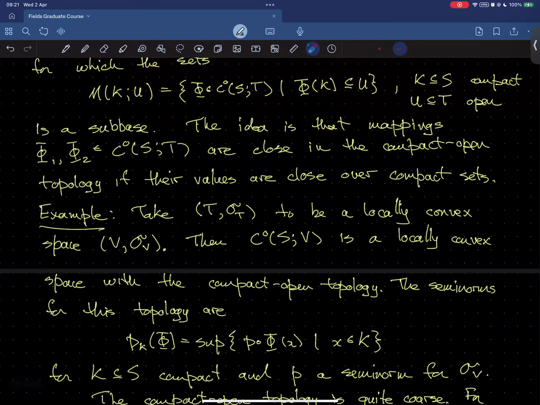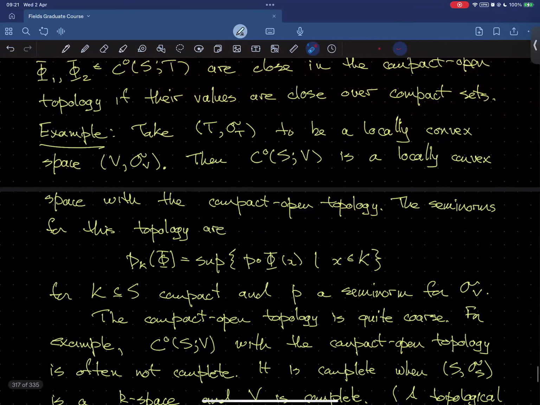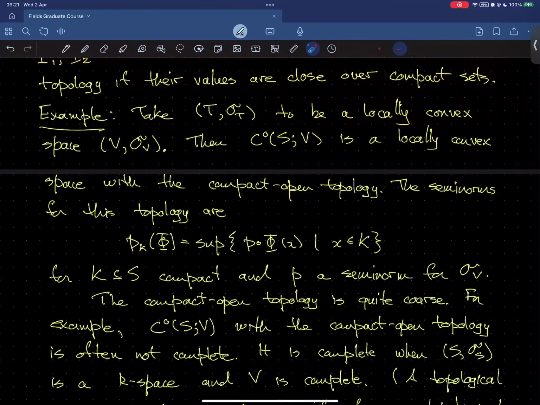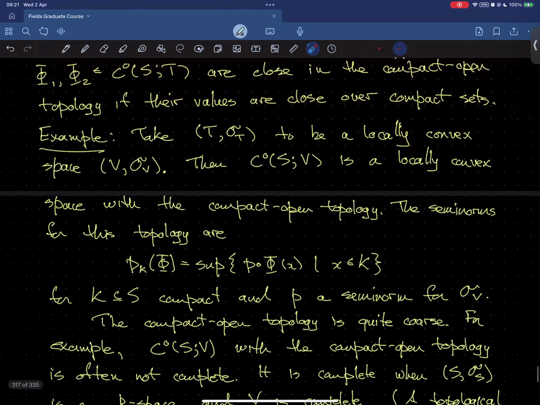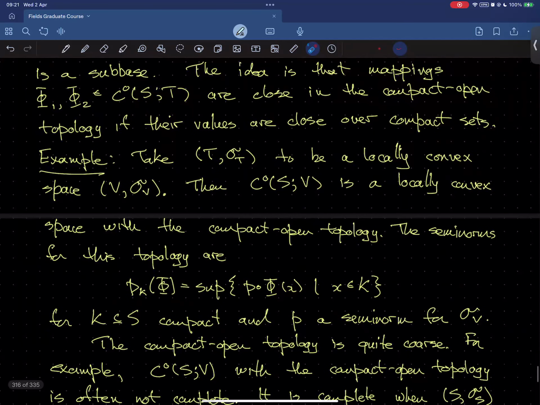So here's an important example, and one I think that also helps to understand the general definition a little bit better. Let's take my codomain topological space to be a locally convex space.